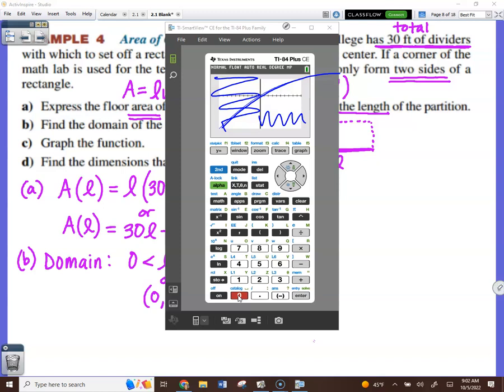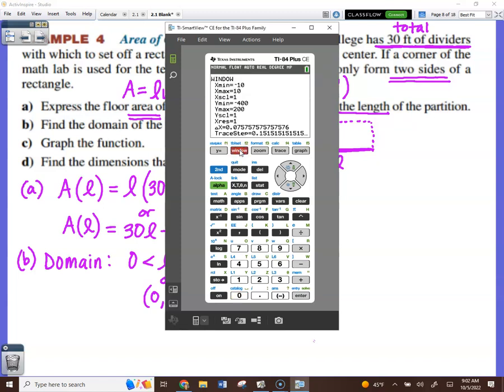So now you're going to go to your window. Go to the window. And let's play around with this. We want our X-max to go further out. I usually go farther than I need to, and then I come back. I also like to change the scale so that there's not a million little tick marks.